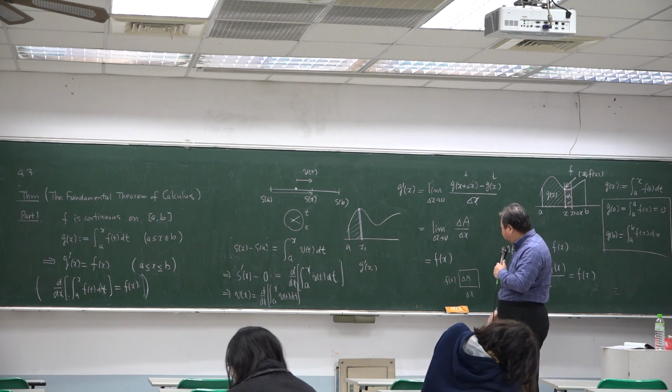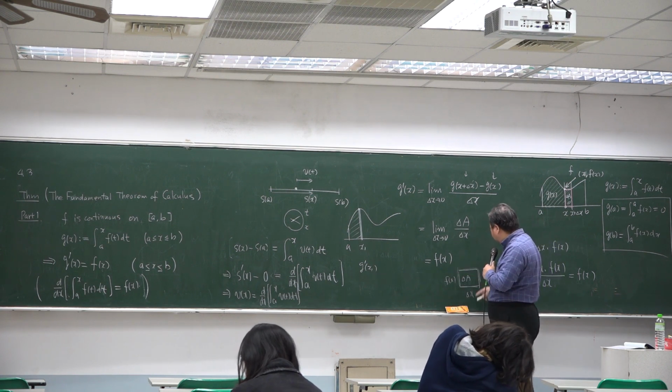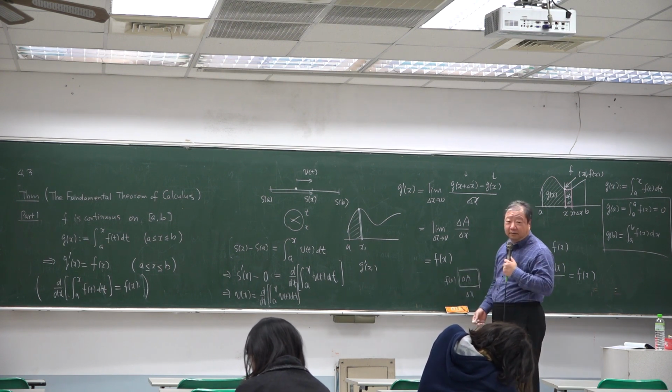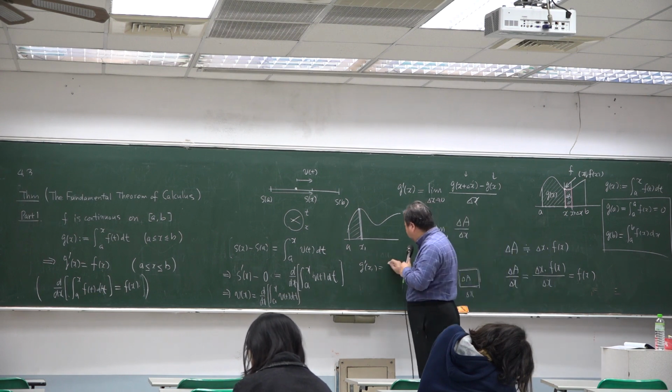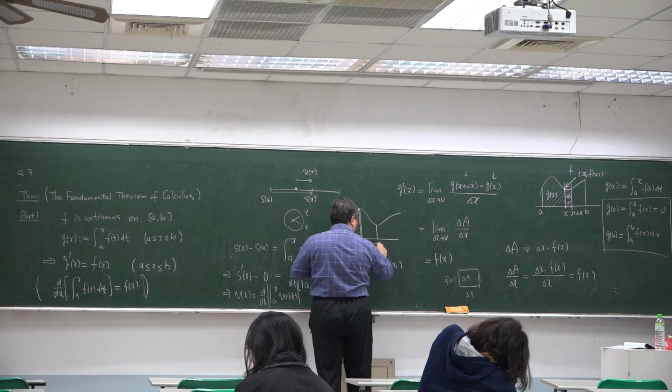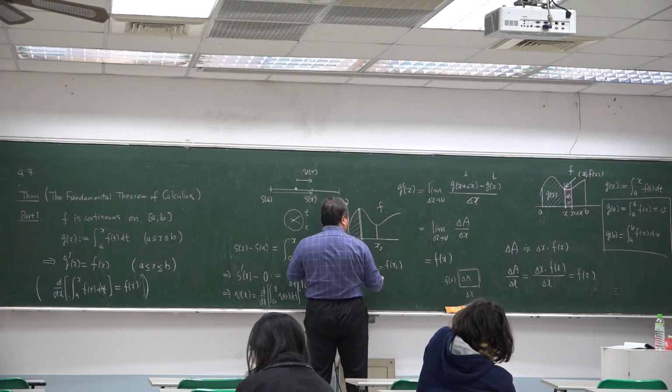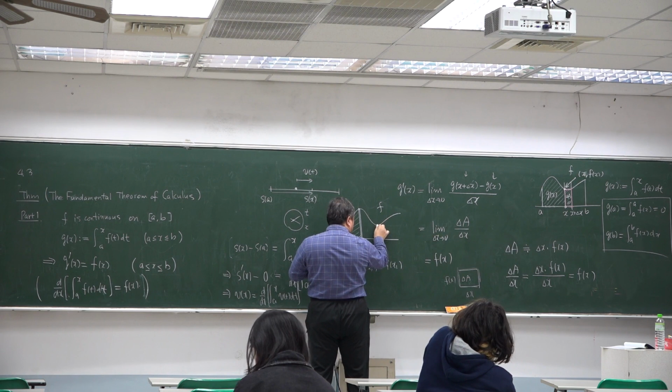Now the rate of change is this area divided by this base. Here, the value of f is smaller, so the same delta x obtains a smaller delta A.